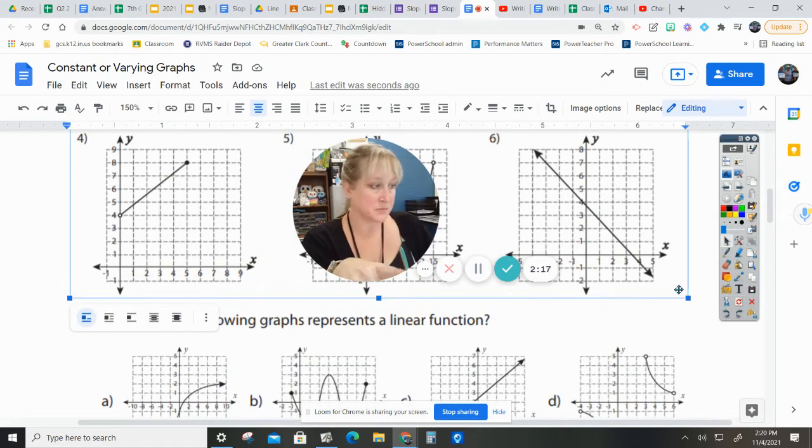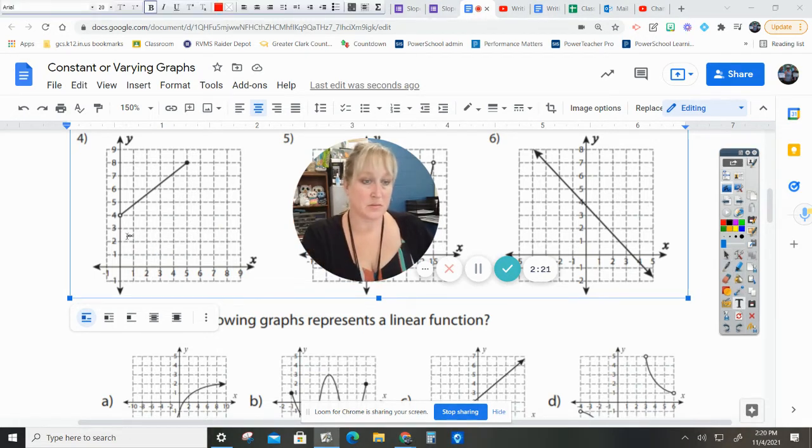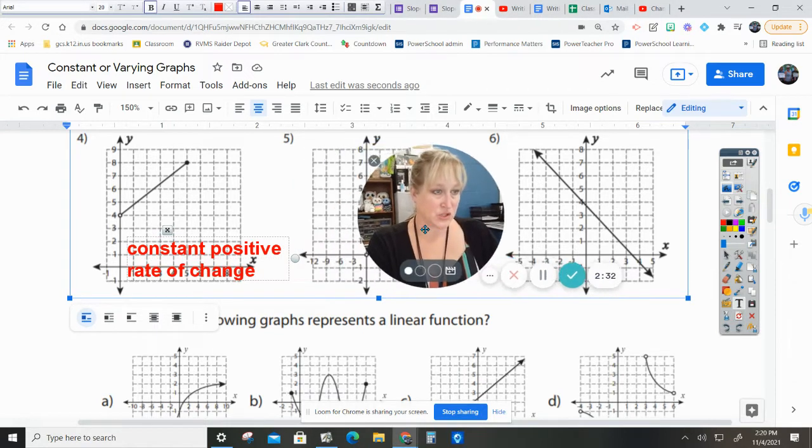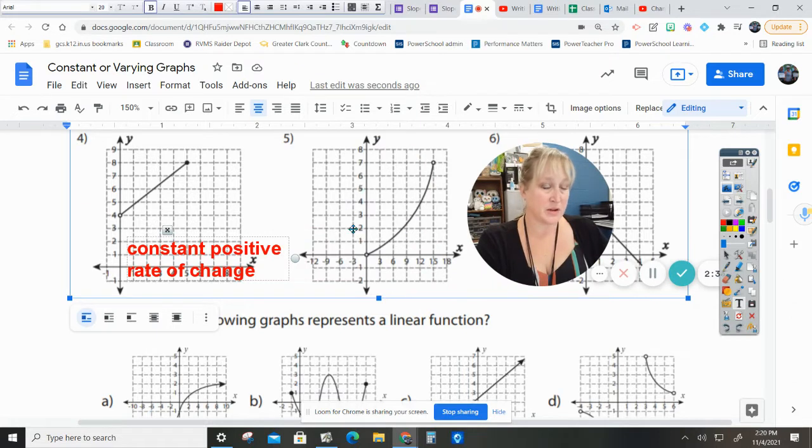Okay, this one is constant and positive constant rate of change. I want you to look at this one right here.